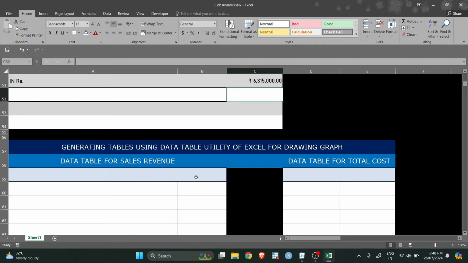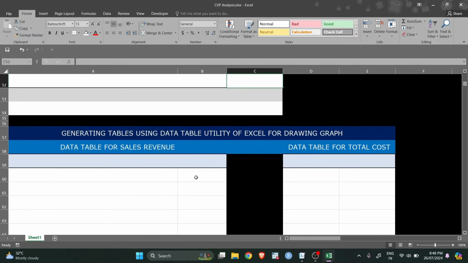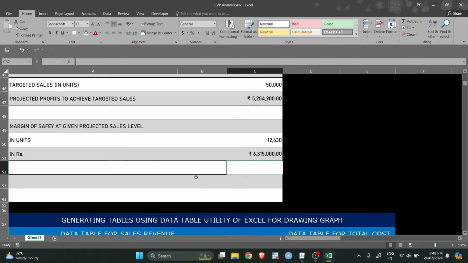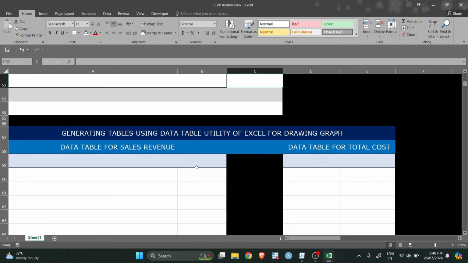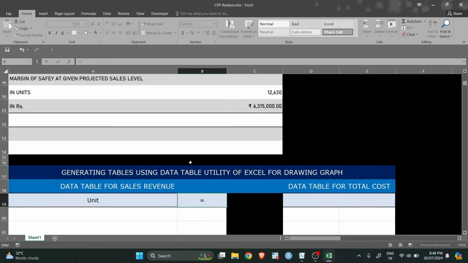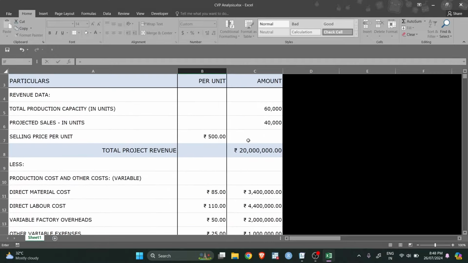Now let's see how to make the graph. So let me write unit. This is equal to, what is my total revenue? Total revenue is this.